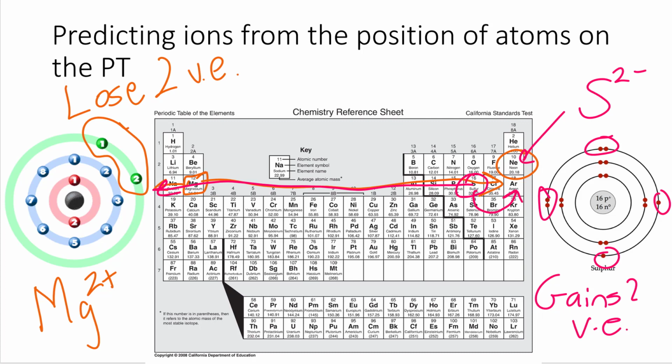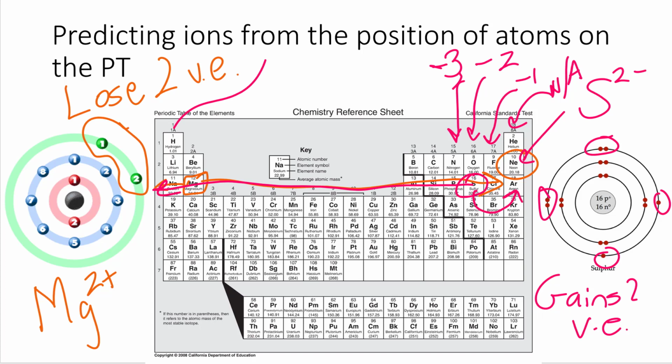So I hope you're seeing a pattern. Everything in this group, those atoms become -2 ions. Group 7 becomes -1. This group doesn't become any charge. Group 5A becomes -3, right there. Group 1A becomes +1. Group 2A becomes +2. Group 3A becomes +3.